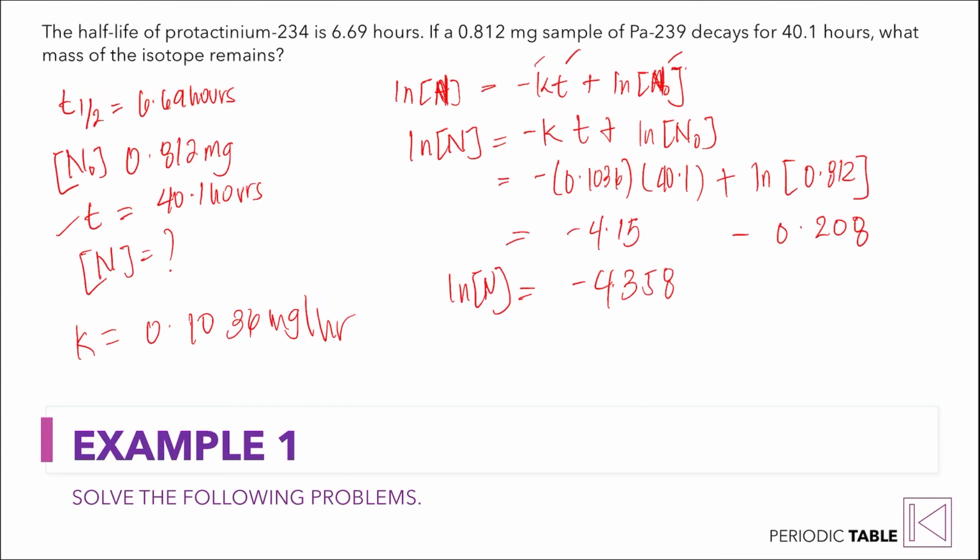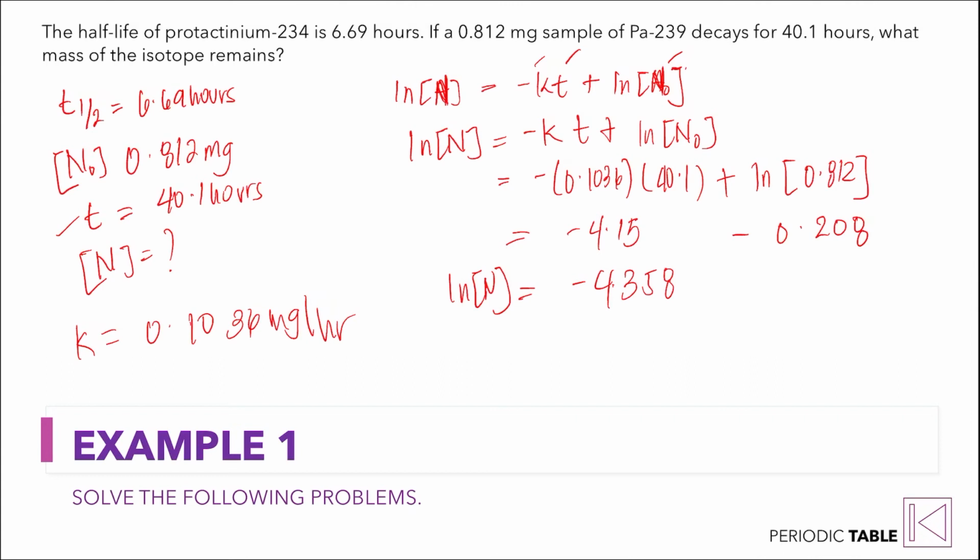So we need to get the actual value of n. So paano natin gagawin yun? Kailangan nating kunin yung anti-ln no ating term. So if you have a calculator, a scientific calculator just like this, you can actually press the shift key and then press the ln here.